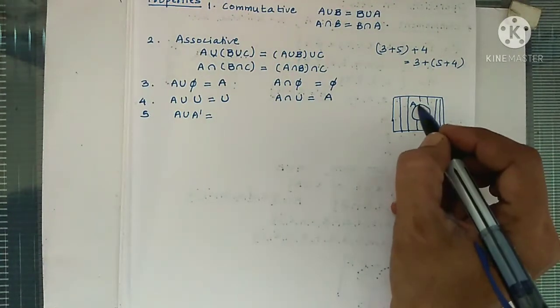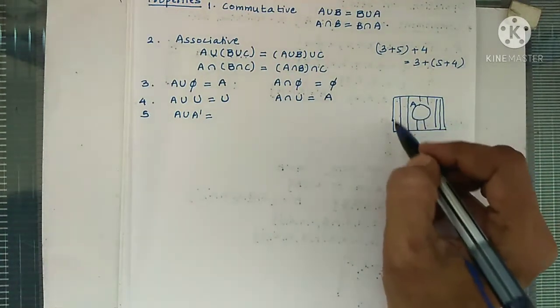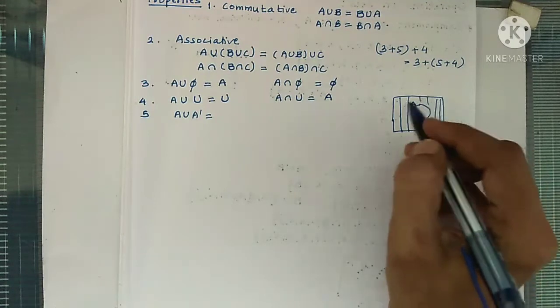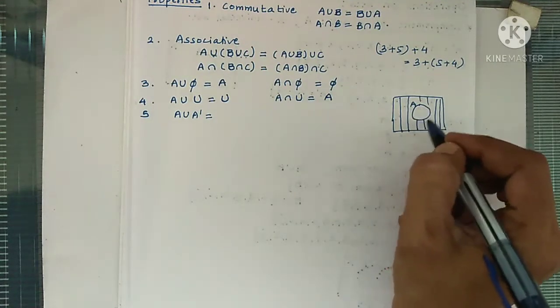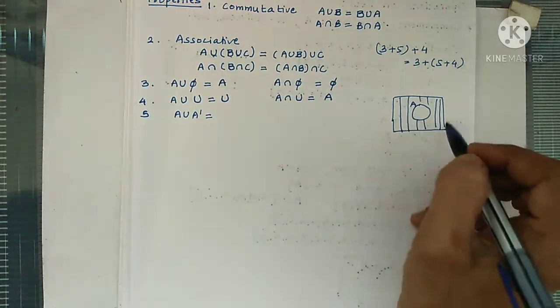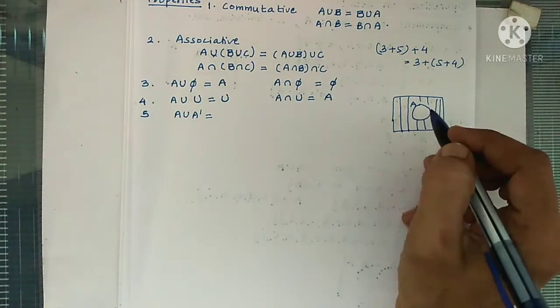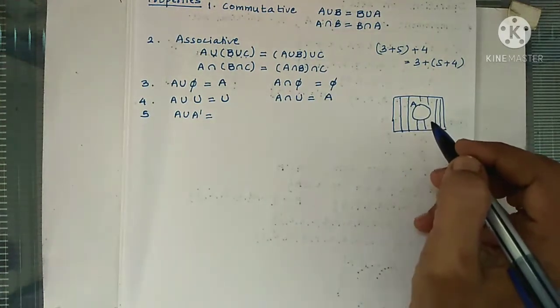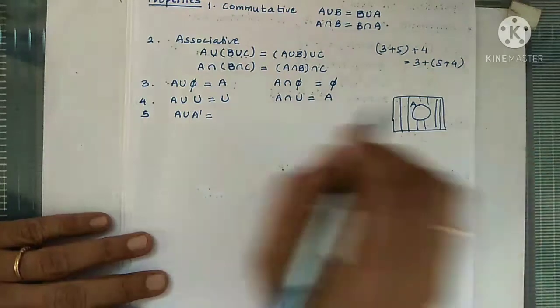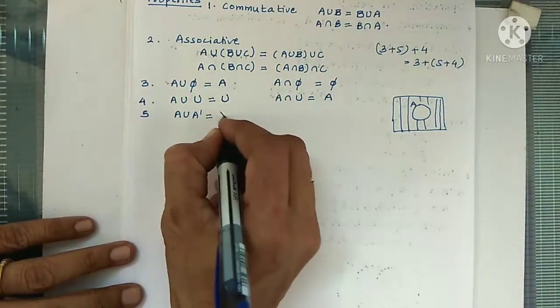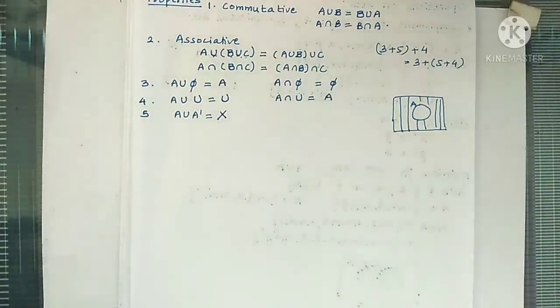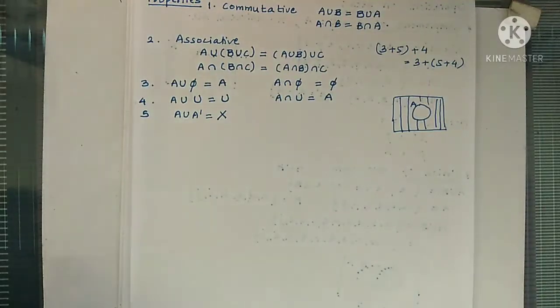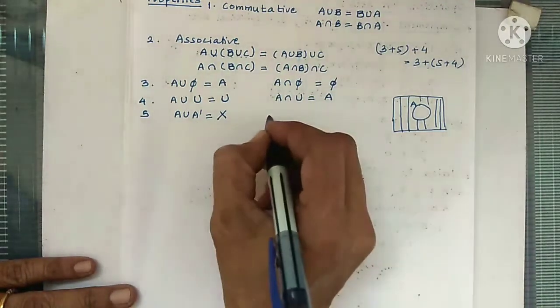So we have to take circle A, and A dash means the shaded portion. So we get the rectangle. This circle and the rectangle without the circle together give us the full rectangle. So A union A dash is the universal set, denoted by X or U. Anything will do. So A union A dash is X.